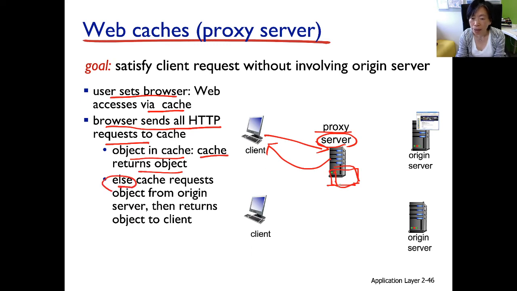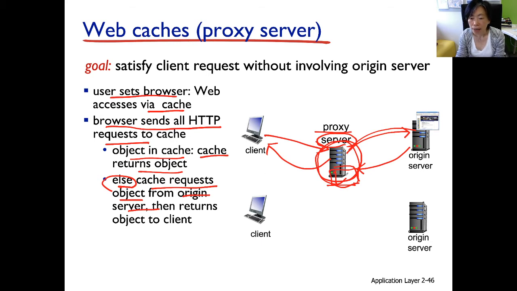Otherwise, the web cache here would request a copy of the object from the server. This request is like the proxy server behaving like a client of the original server. The web cache requests the object from the original server like a client.